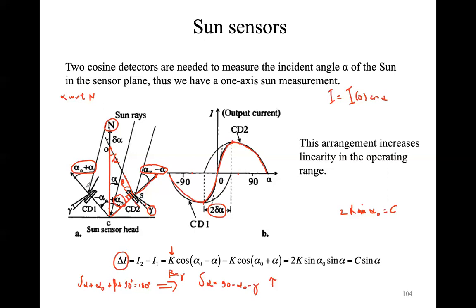The other sensor has a signal that is proportional to alpha 0 plus alpha. By using the properties of cosines, you can easily see that this delta I depends on 2K sine alpha 0 sine alpha. So for small alpha, this can be approximated to the linear trend, okay?